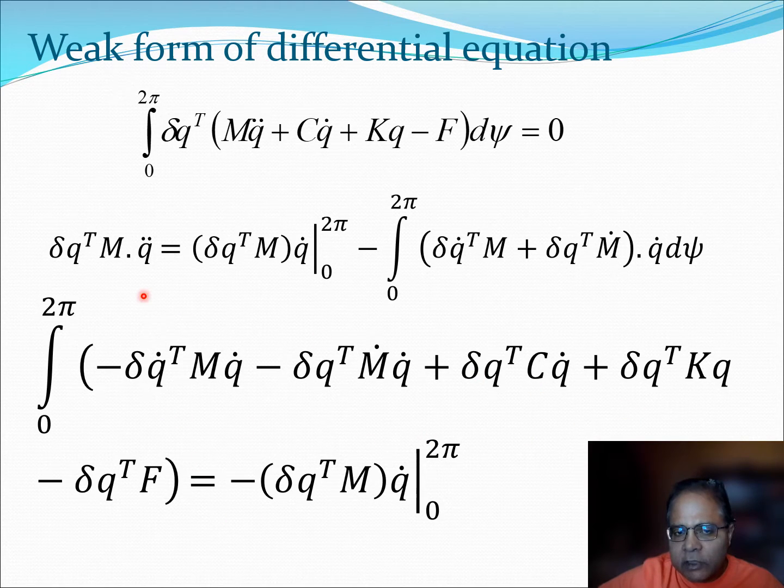So what we achieved by integration by parts is that we got rid of the q double dot term and we expressed it in the form of the q dot terms. Okay, and we also moved certain parts to the right hand side, and this part becomes 0 because we can impose the condition that these particular quantities are periodic and therefore they're going to be equal at 0 and 2 pi, and therefore this part is going to vanish.